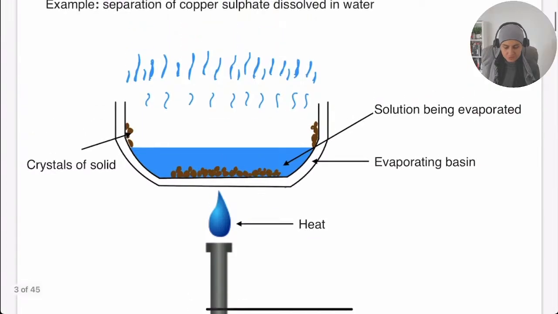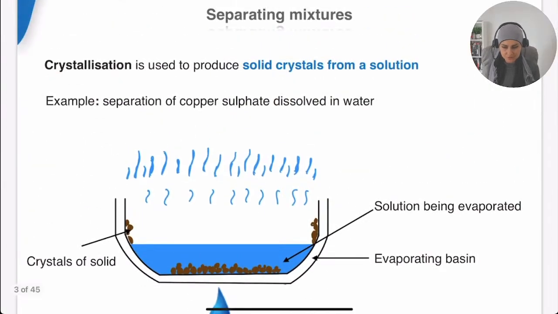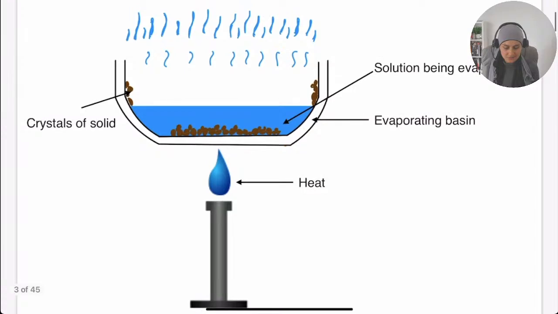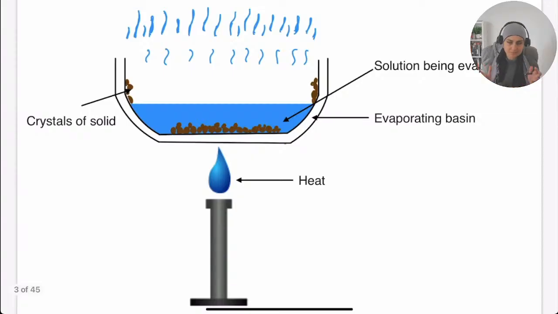For crystallization, we take an evaporating basin, sometimes called the same as a crucible, and place the solution into it. If your salt is not decomposing upon heating, you can just heat the solution, the water will evaporate, and you will end up with crystals. To get crystals from a solution, you just evaporate the water.